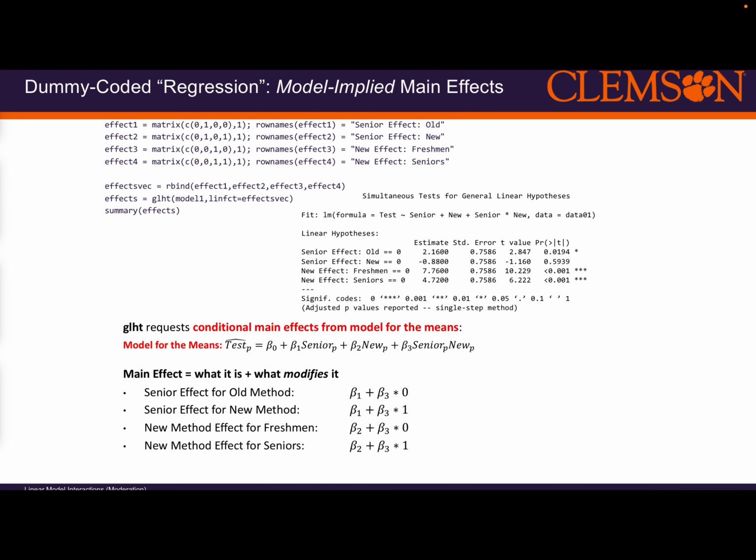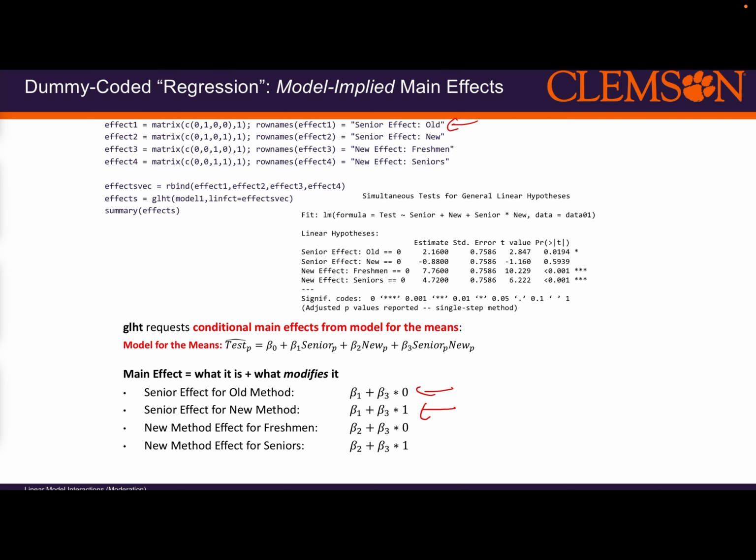Now, we can also get model implied main effects. That is literally the value for whether or not we want the senior effect for old. Right? That is, some of these are in our model, some are not. But we could also do that. So the senior effect for the new method, this is basically what's the difference between senior and freshman for new method versus old method.